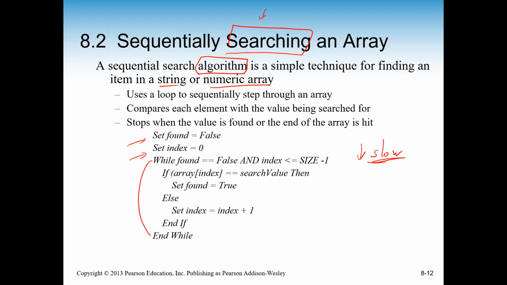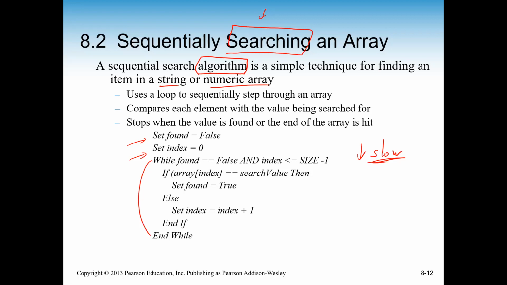So once we've looked at the stopping criteria, while found equal false and index less than or equal to size minus 1, then the next step is to search, right? So we're going to go in the array. So we have a for loop there. If array index, and remember that index is currently 0, but we're going to have to increment it.